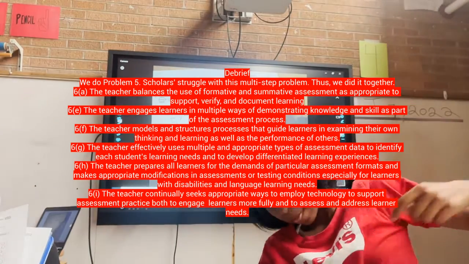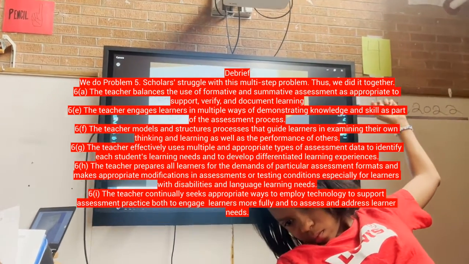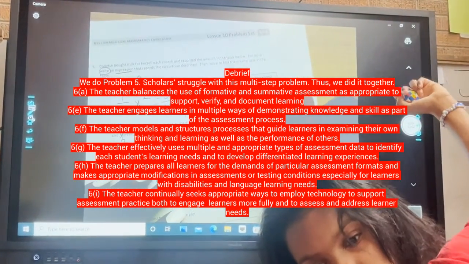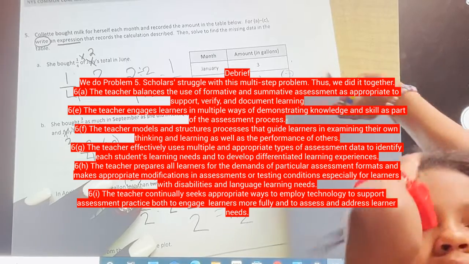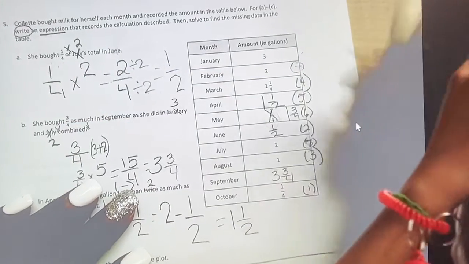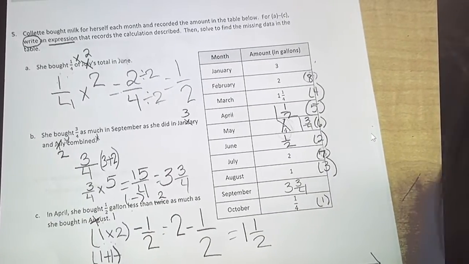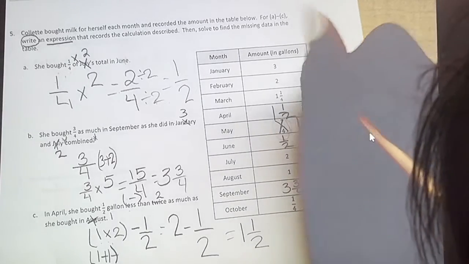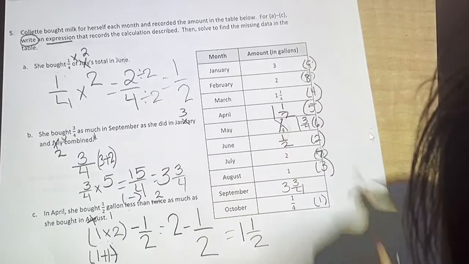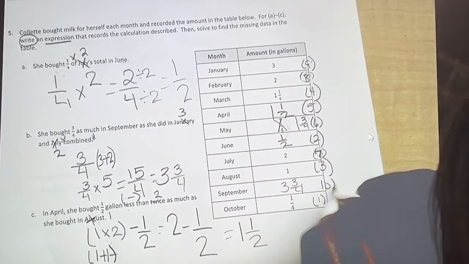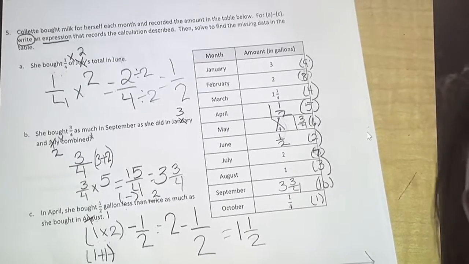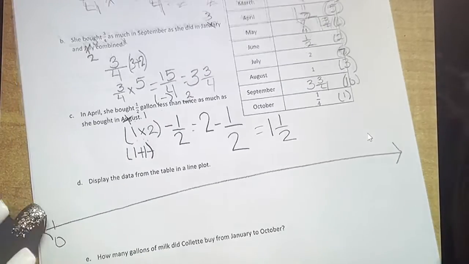So we have 4, 5. May is gonna be what? 6. And then we can have 7 here, and then 8 here. And then where's 9 gonna be? Okay, January is 9, and then our last is September. Now, looking at those fractions, looking at those numbers, where should I start my line plot?